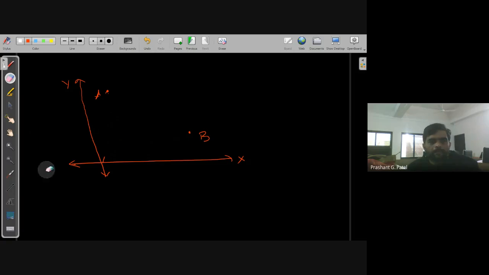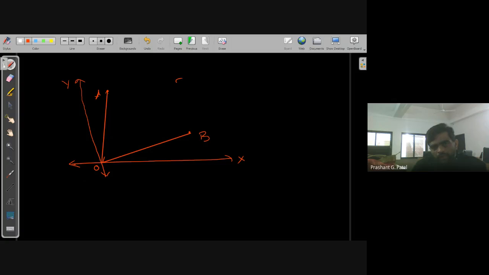Okay. So let's say this is the point A to origin, and from B to origin. If it is O, I am defining the distance now, or the distance between AB.